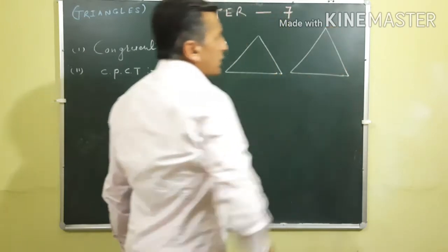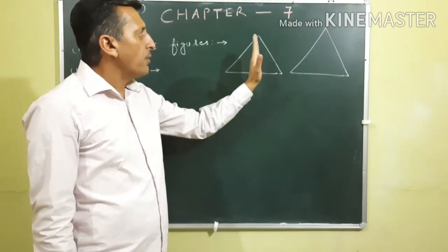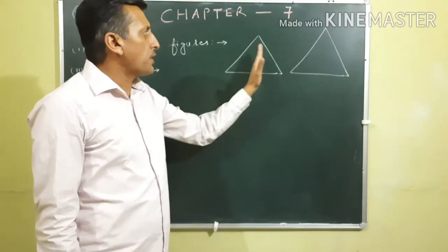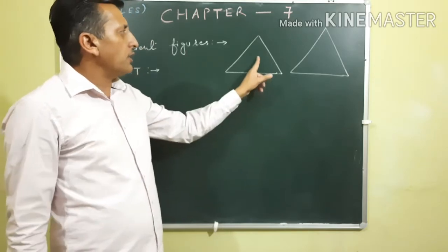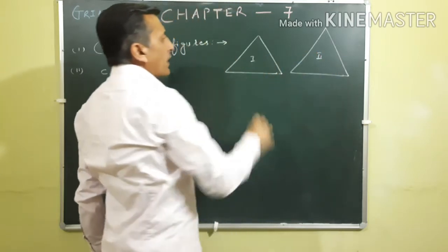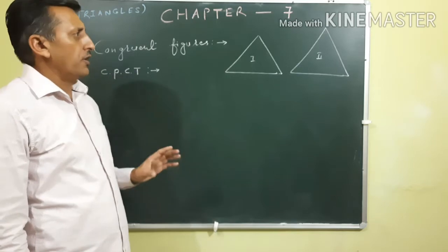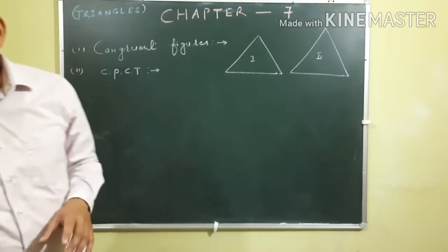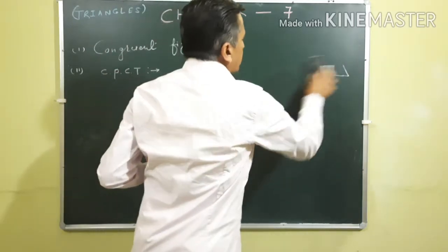We say these two triangles are congruent because they have the same shape, because this is a triangle and this is a triangle. If we take a triangle and a rectangle, then we can't compare. This is the first triangle, and this is the second triangle, and they have the same size. So that's why we say these two triangles are congruent. Such figures are called congruent if they have the same shape and same size.